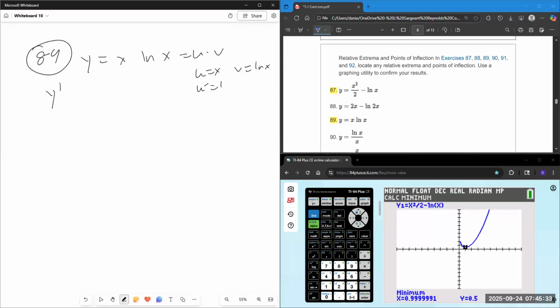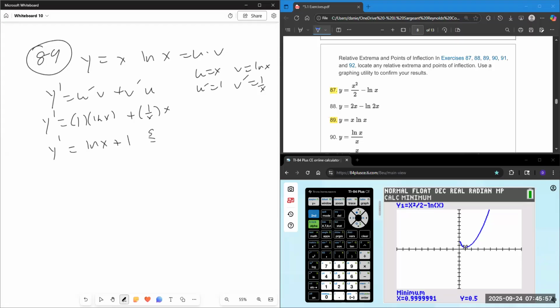U prime is 1, v prime is 1 over x. U prime v plus v prime u. Y prime is 1 times ln of x plus 1 over x times x. So y prime is ln of x plus 1.